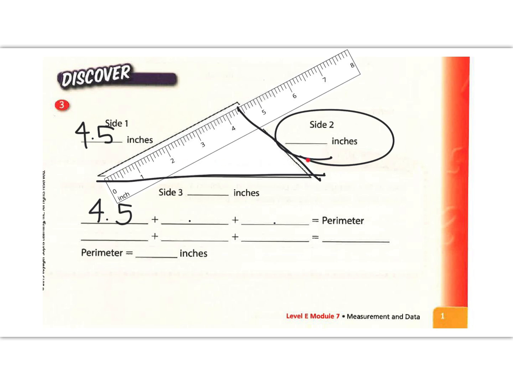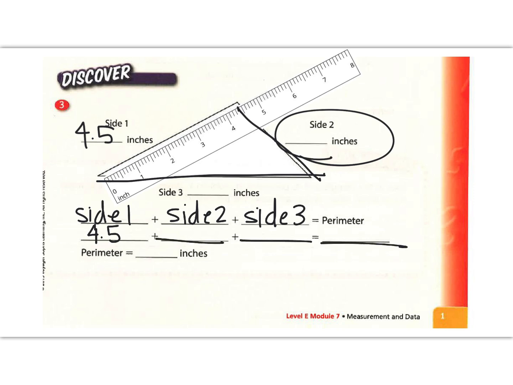Let me write it like this so you can remember: side 1 plus side 2 plus side 3 equals the perimeter. We know side 1 is 4.5, and then you would write in side 2 and side 3 and find out what it equals when you add them all up. Pause the video and get a ruler and do that right now.